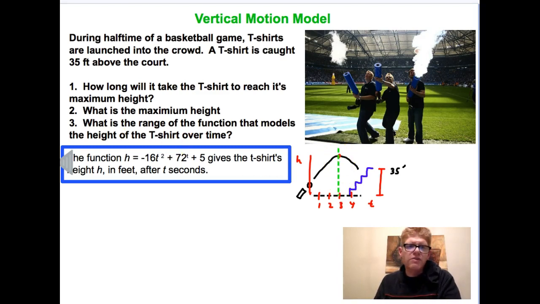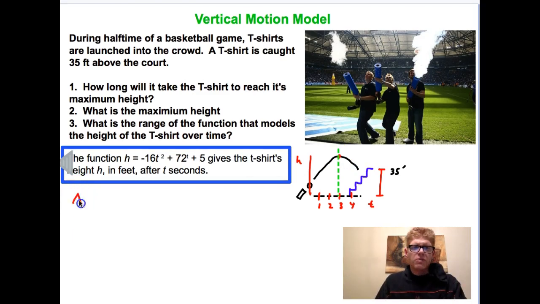So let's find the axis of symmetry first. Now you remember that to find our axis of symmetry, we're going to use the equation x equals negative b over 2a. It's going to give the x coordinate of the vertex, right there. Our b in this case is 72, so we're going to take the opposite of that, negative 72. And then we'll take 2 times a.